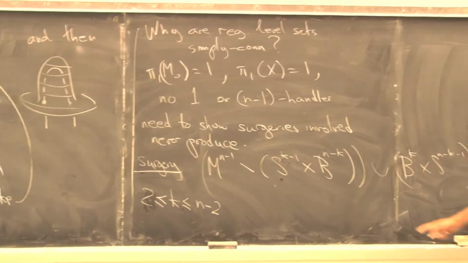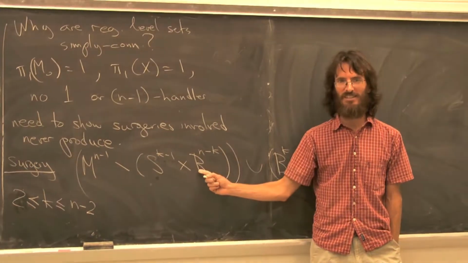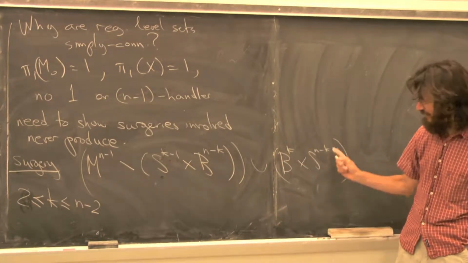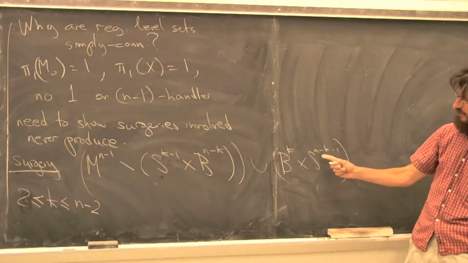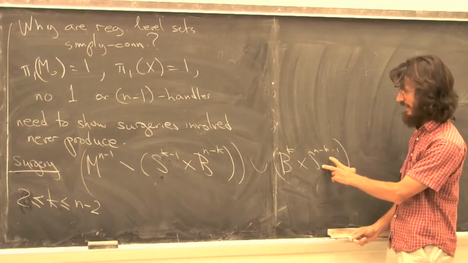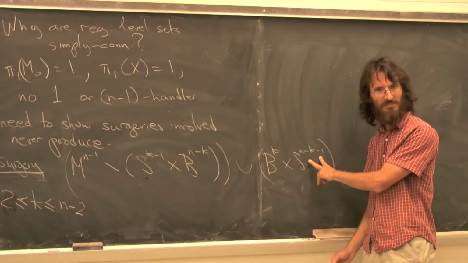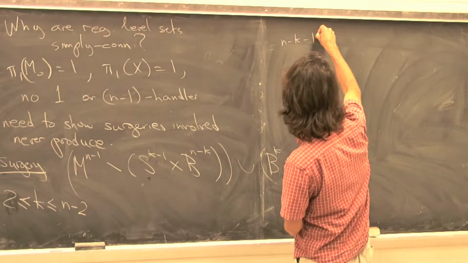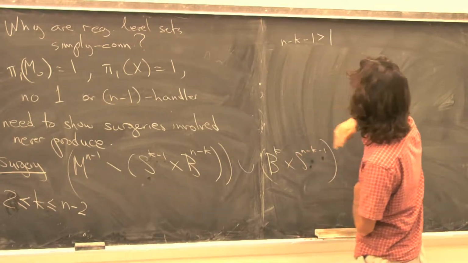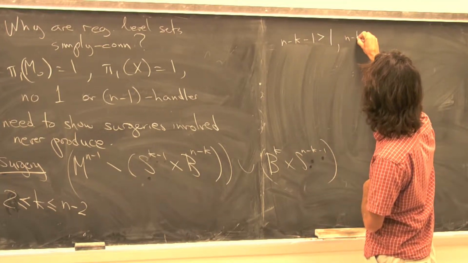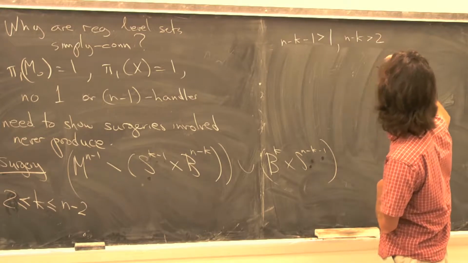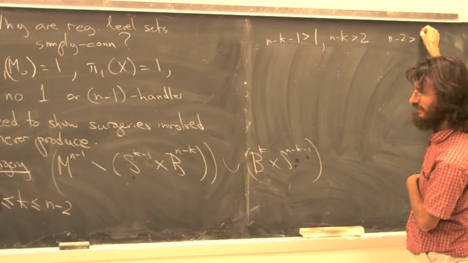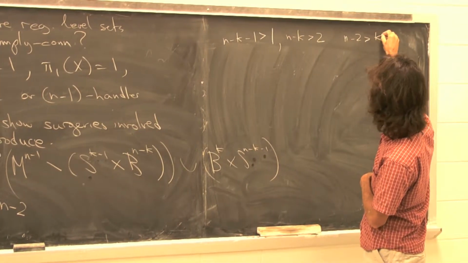You first remove this solid torus, and then this could have pi 1, or this thing could have pi 1. Well, this thing's never going to have pi 1 unless n minus k minus 1 equals 1, right? So we want n minus k minus 1 to be bigger than 1, which means n minus k is bigger than 2, which means n minus 2 is bigger than k.